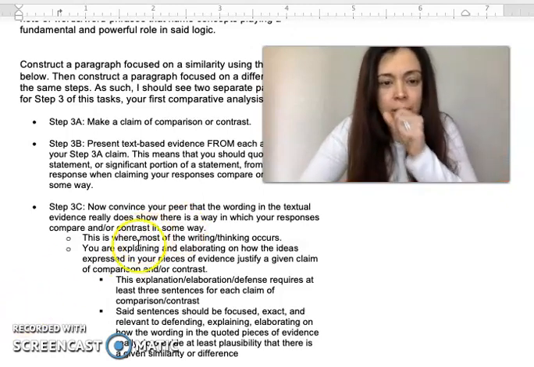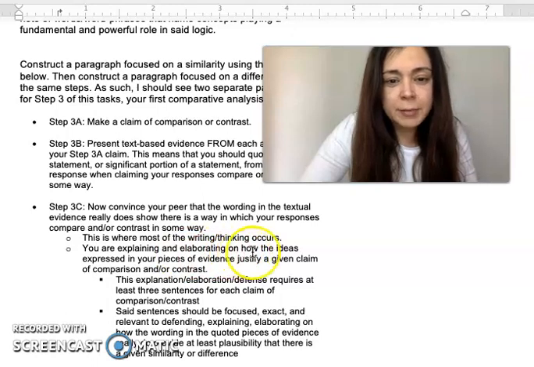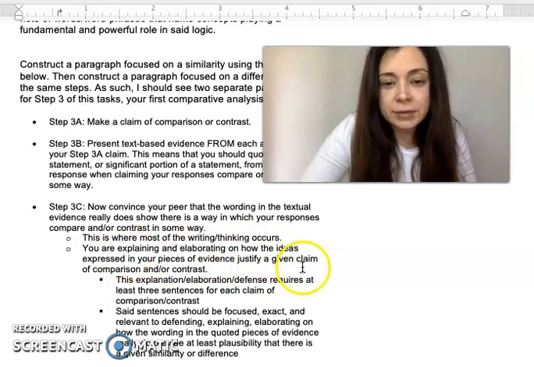So you are explaining and elaborating on how the ideas expressed in your pieces of evidence justify a given claim of comparison and or contrast. This explanation, elaboration, defense requires at least 3 statements for each claim of comparison or contrast.